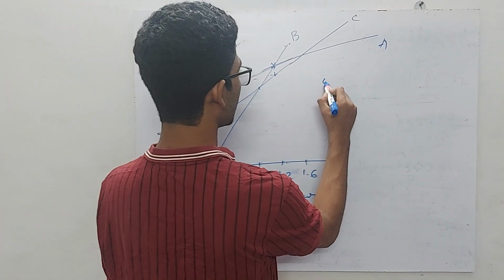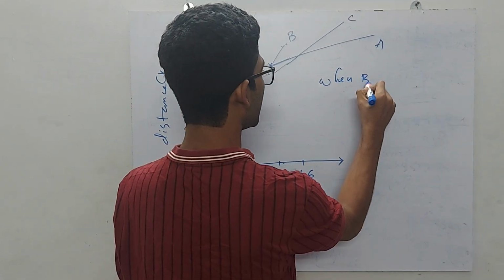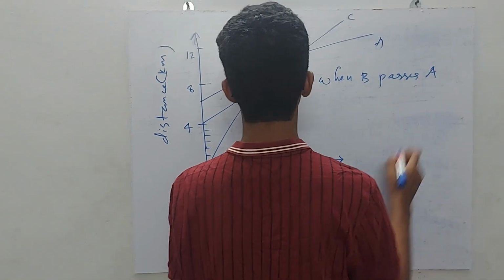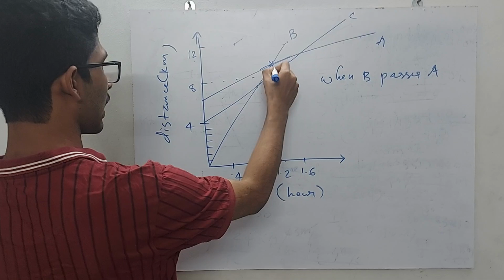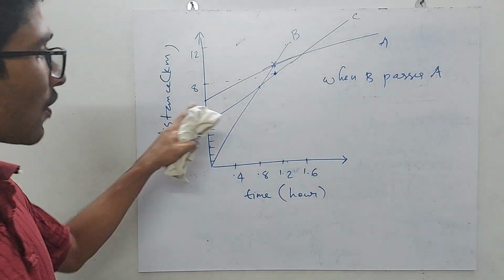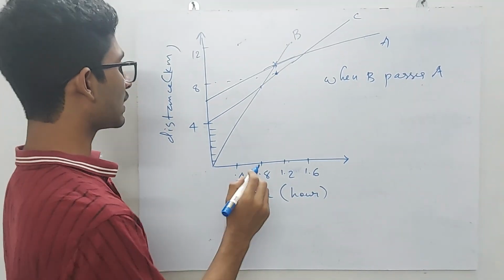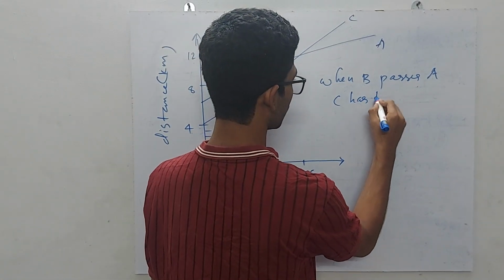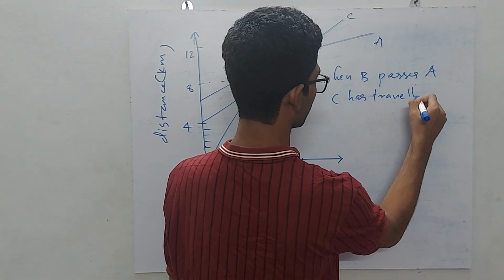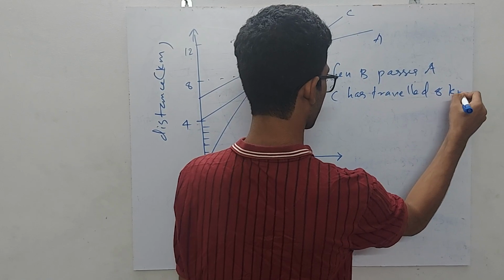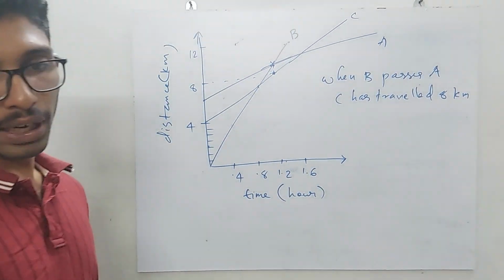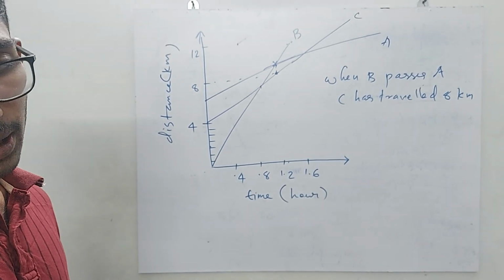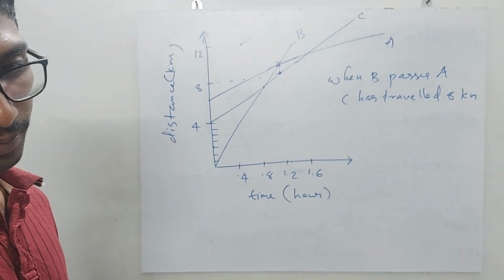So when B passes A, this is the position of C. If you check the graph given in the textbook, you can see that it would be at around 8 kilometers. C has traveled 8 kilometers.